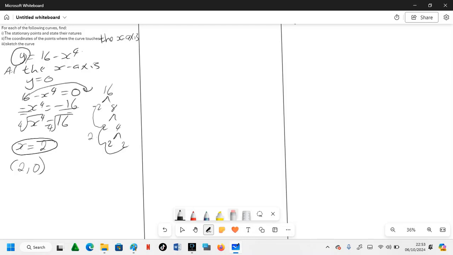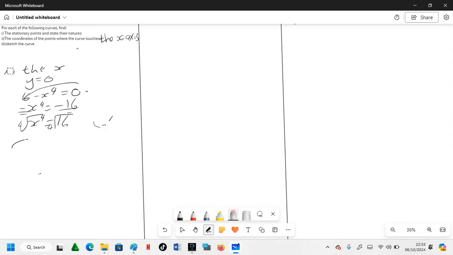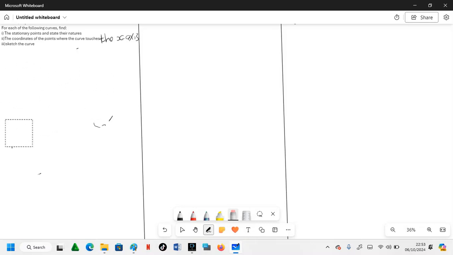Right? So allow us to go to the next part, part B of the question. And this is part B of the question. And it's going to be a little bit more complicated than the first one.